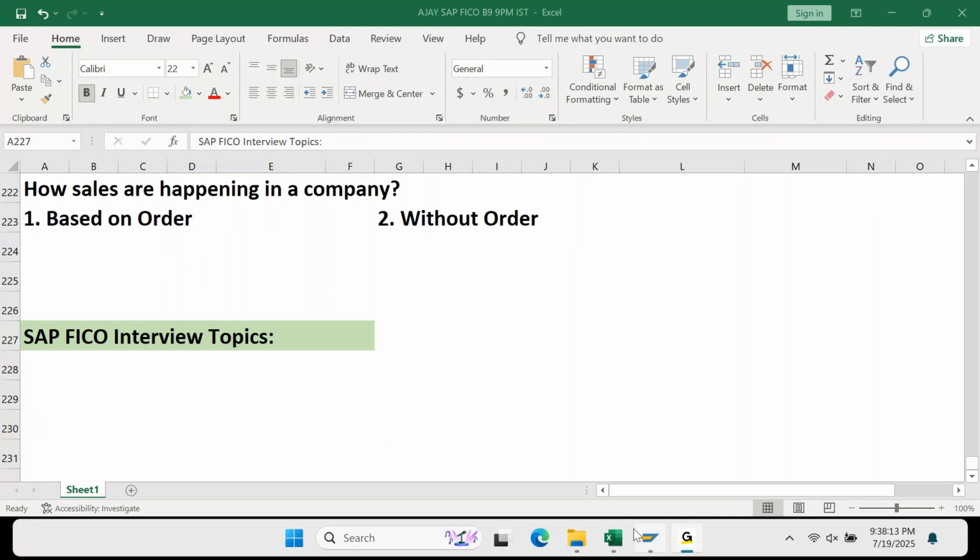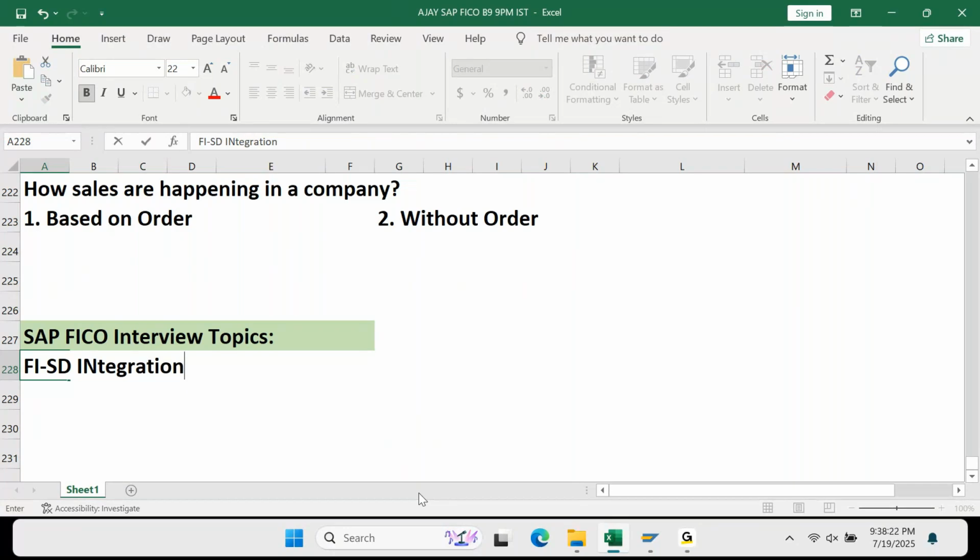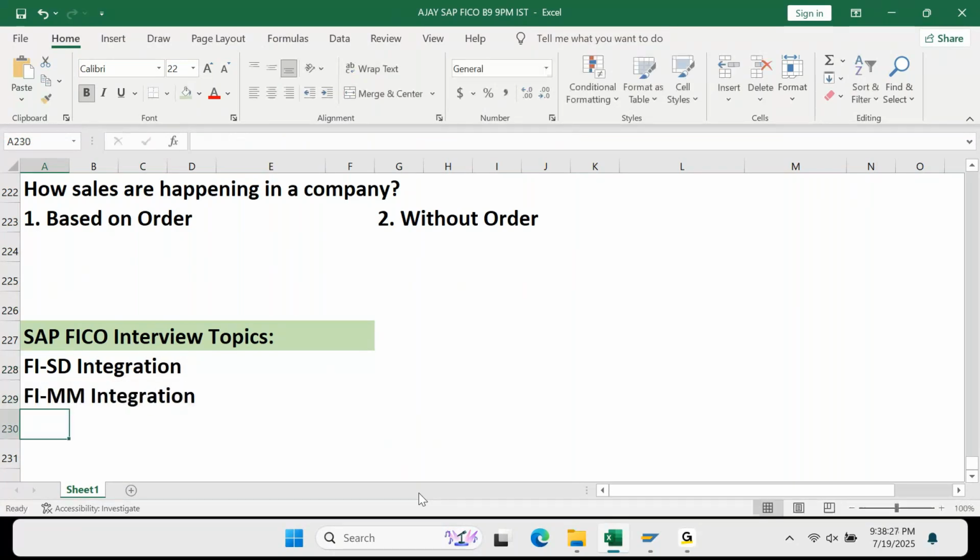From the SAP FICO interview topics, most of you must be aware of something called FI-SD integration, FI-MM integration. Am I correct or not? Are these 2 points important for any SAP FICO interview or not? Yes, much more important.